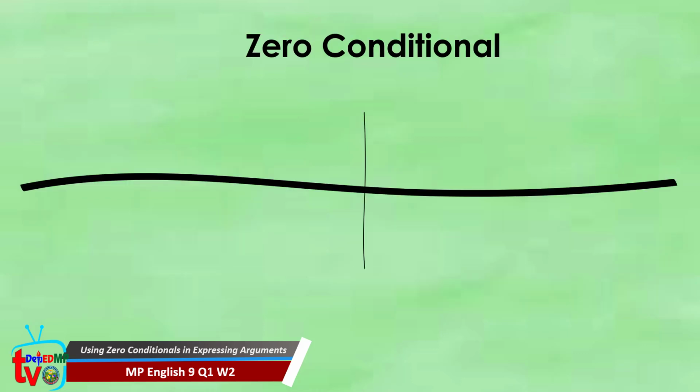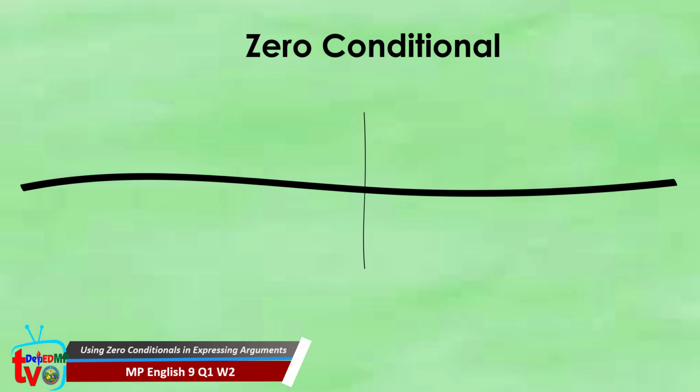For our main discussion, let's have the first type of conditional sentence, which is the zero conditional. We begin by looking into the structure. In other words, we have to answer the question, how do we form a zero conditional sentence? Or how do we construct a zero conditional sentence?